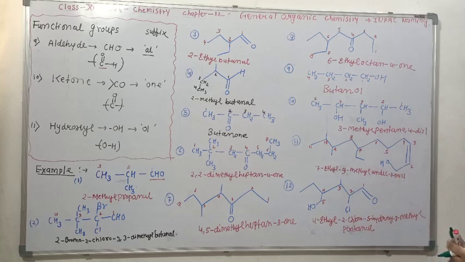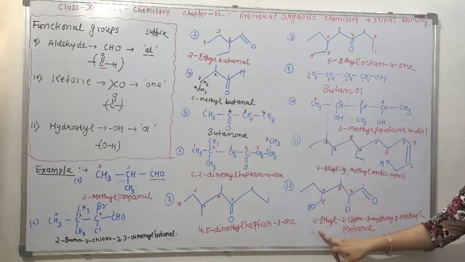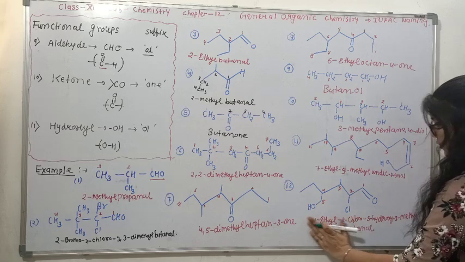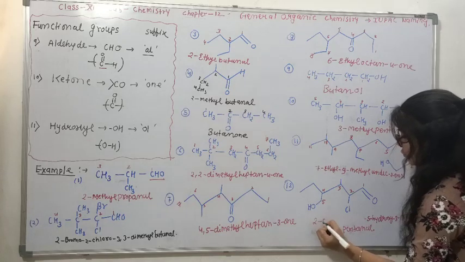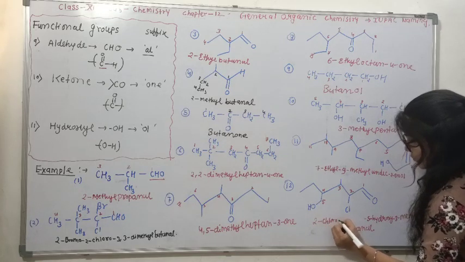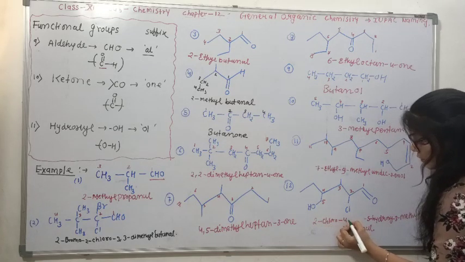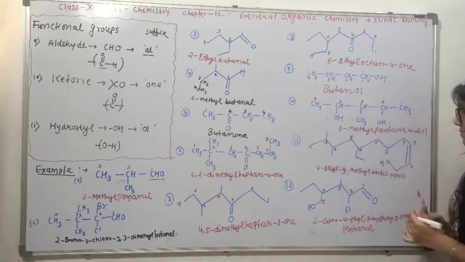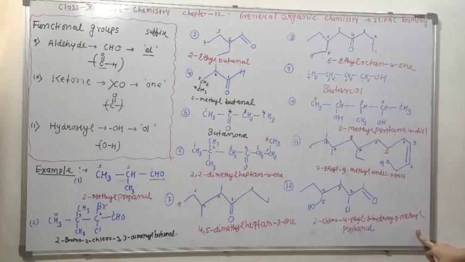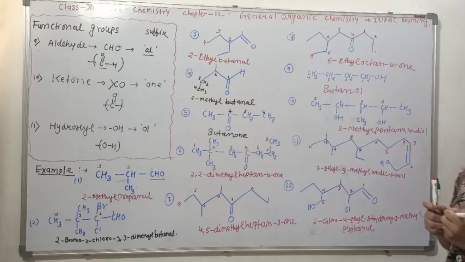So that is 4-ethyl, no, that is my fault. Alphabetic order we have to write. It's 2-chloro, 4-ethyl, 5-hydroxy, 3-methyl pentanal. Okay. So these are the examples with these three functional groups. In the next video we'll do the next functional group.